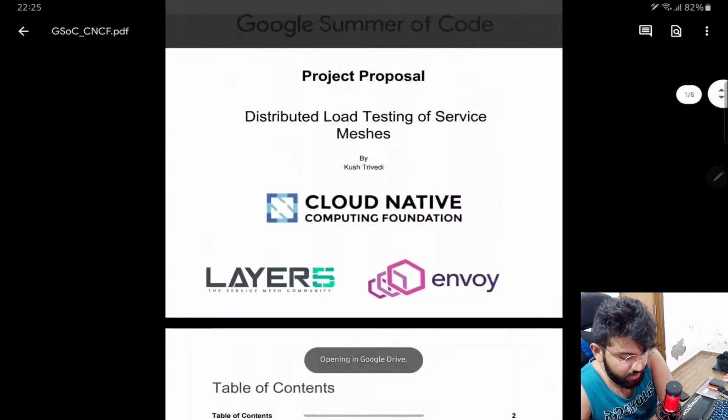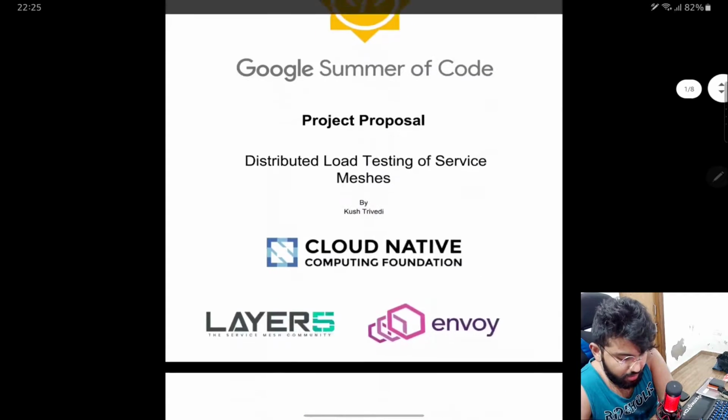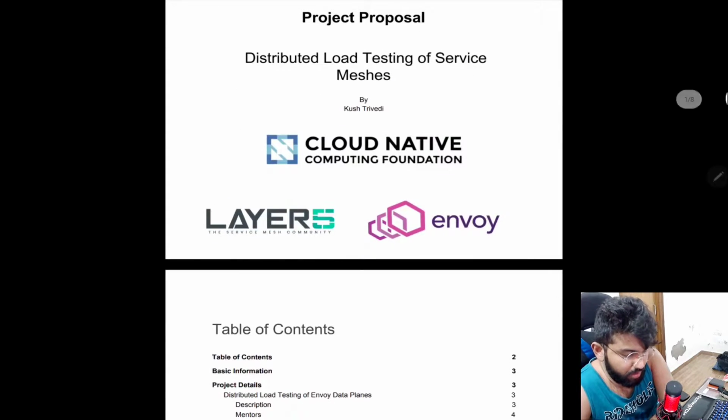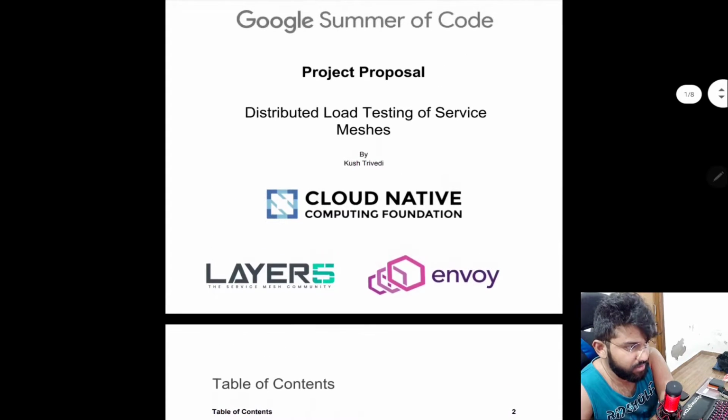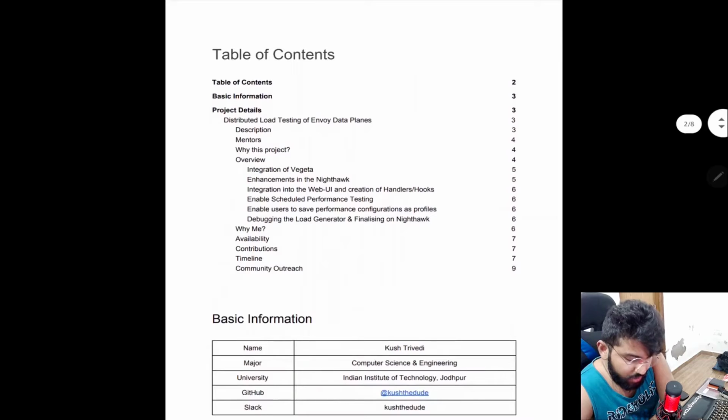CNCF. So this is again by Kush Trivedi, but this is the organization that he went with. Even though both were selected, both the proposals that he has shared were selected, but he went with Cloud Native Computing Foundation because this has a better reputation as compared to the other organization, of course. So in this one he has done a good deal of work, as you can see, right?